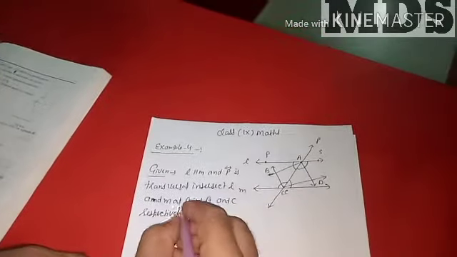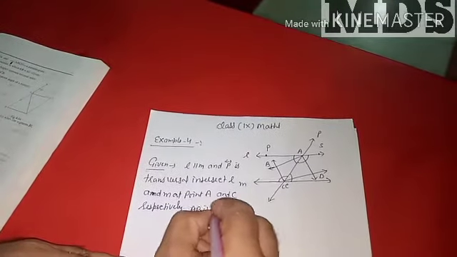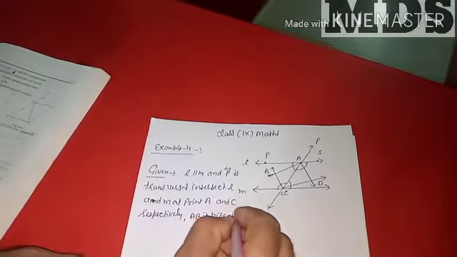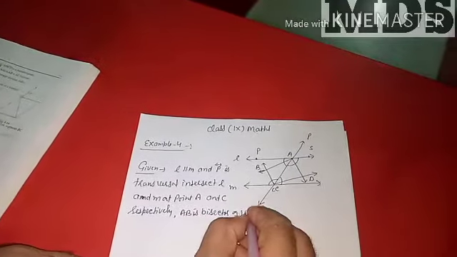You can say AB is the bisector of angle, which angle? PAC.